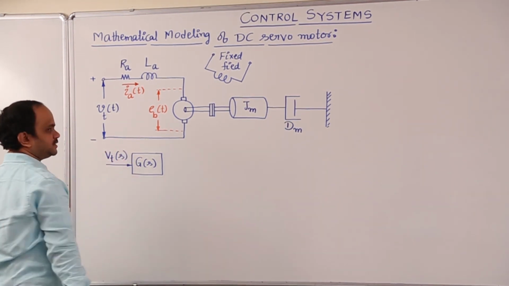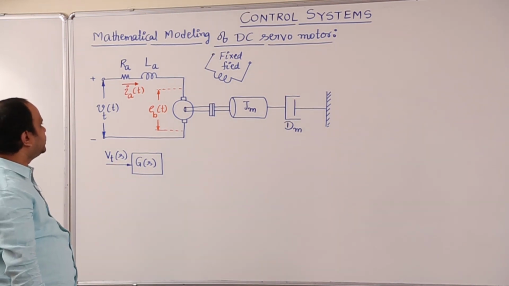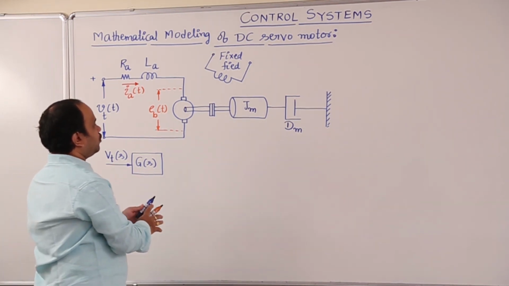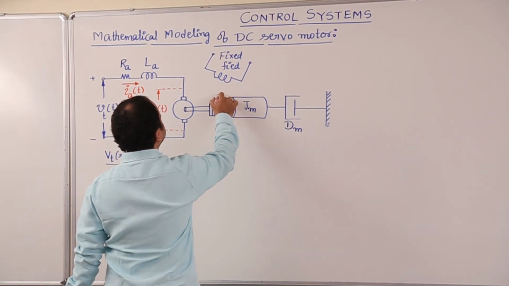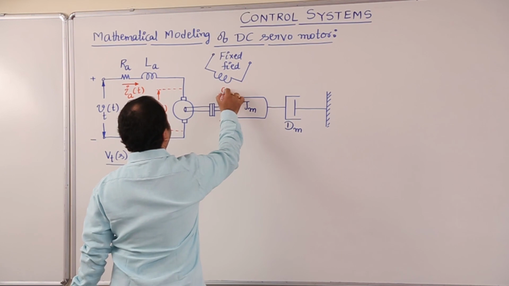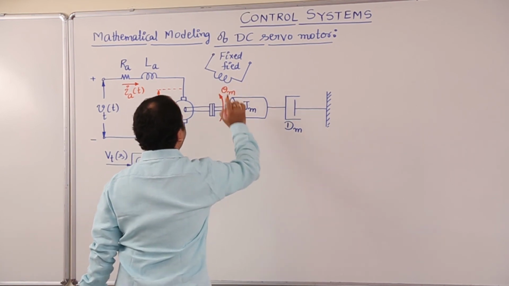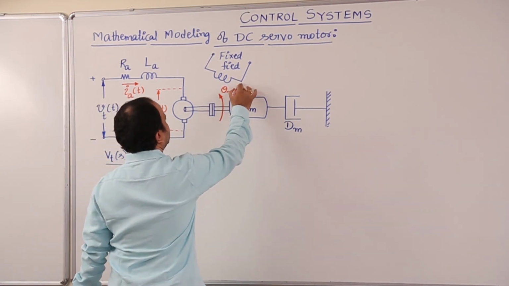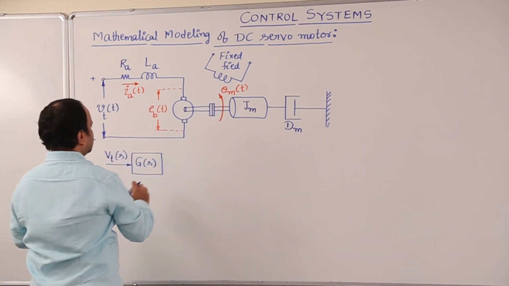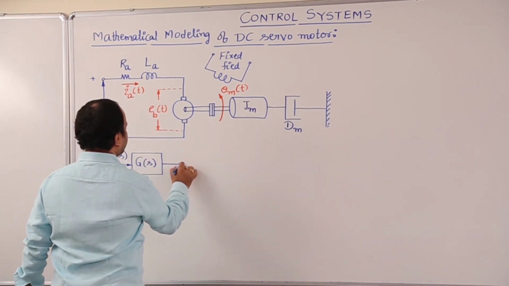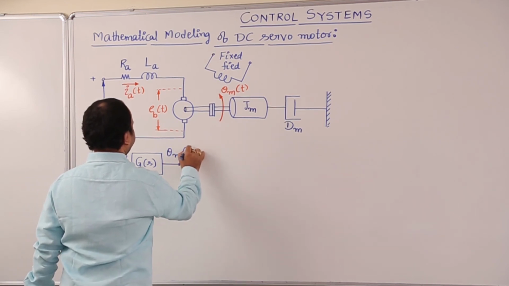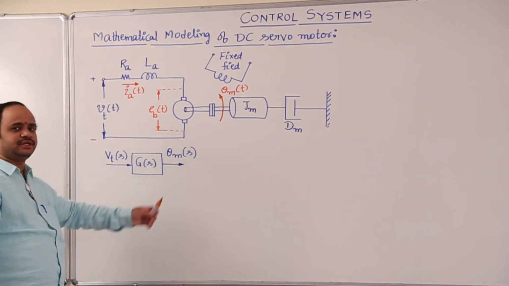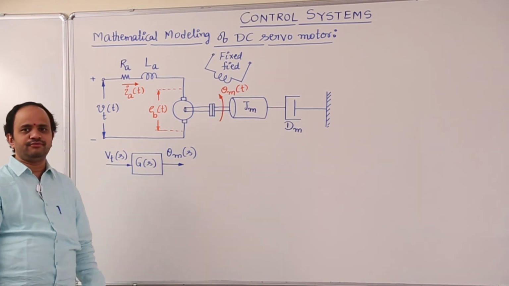Vt of s, the external terminal voltage. And what is the output here? That is a position. Let us write theta m of t. Therefore, in the Laplace domain, the position variable is theta m of s.